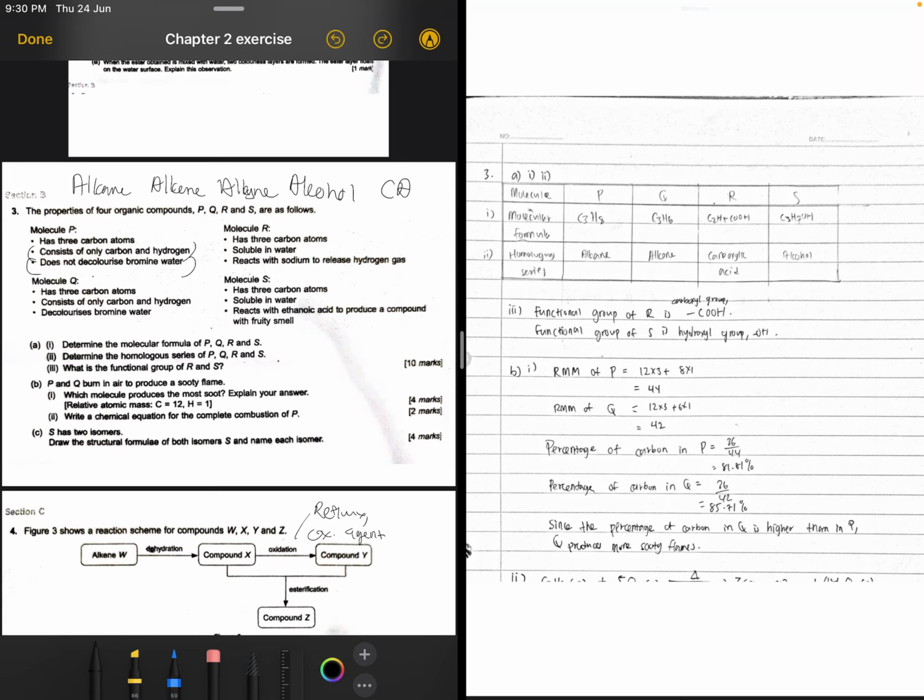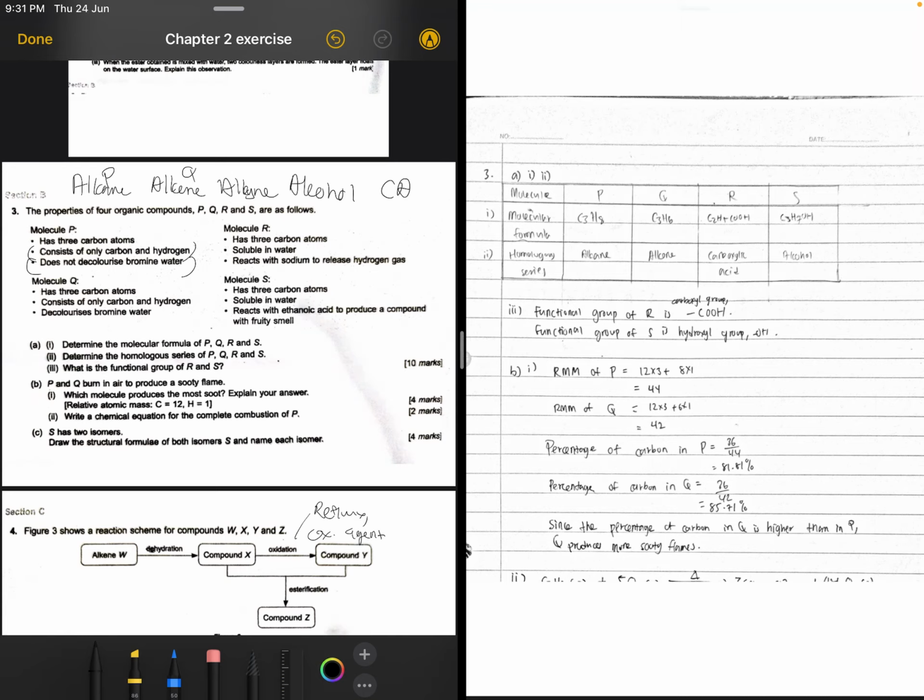Now Q. So number one is alkane. This is P. Next, consists of only carbon and hydrogen, decolorizes bromine water, so it's either alkene or alkyne. But since the SPM book only talks about alkene, we answer alkene.